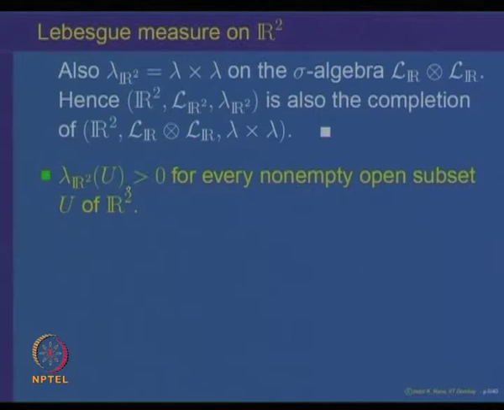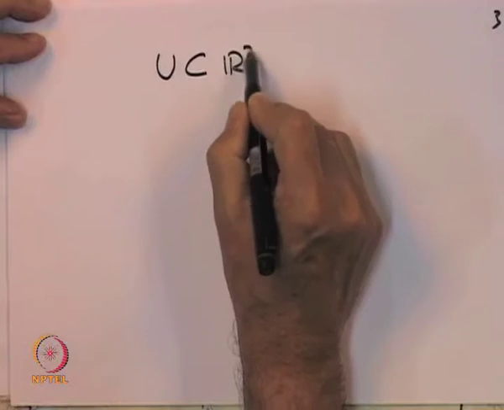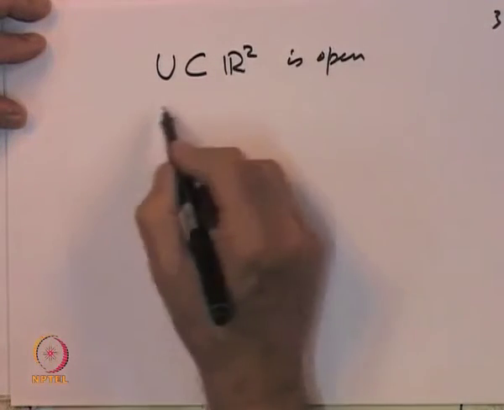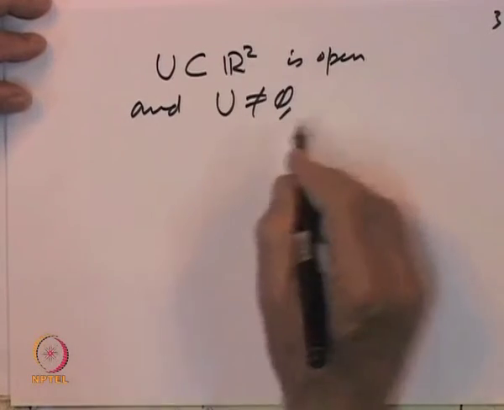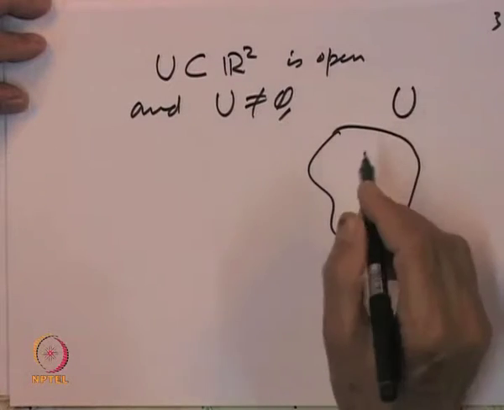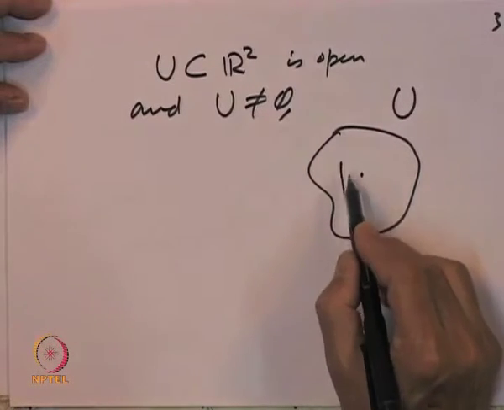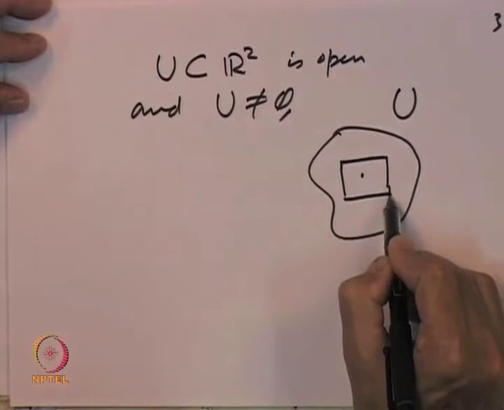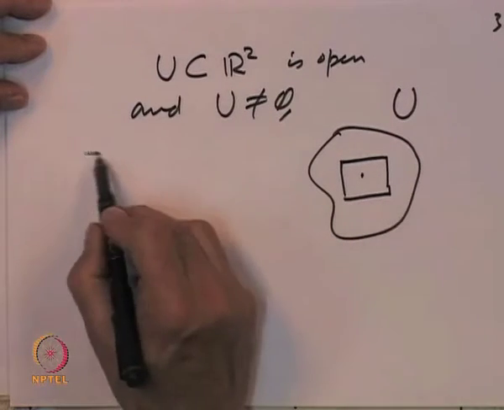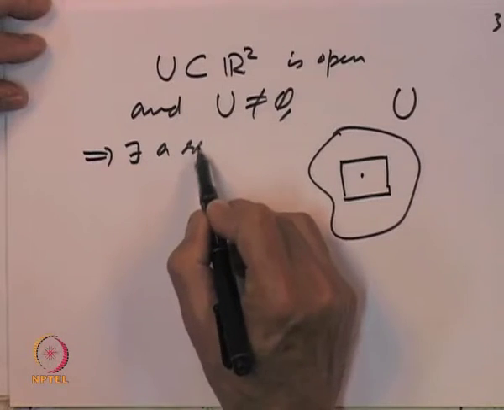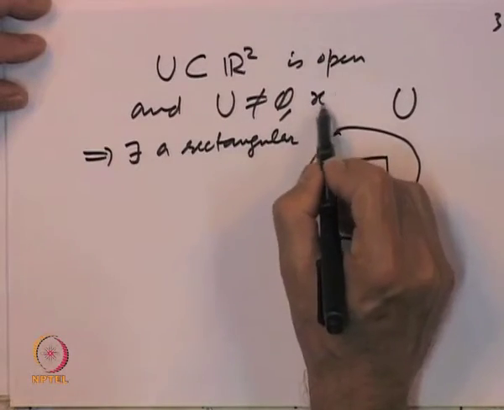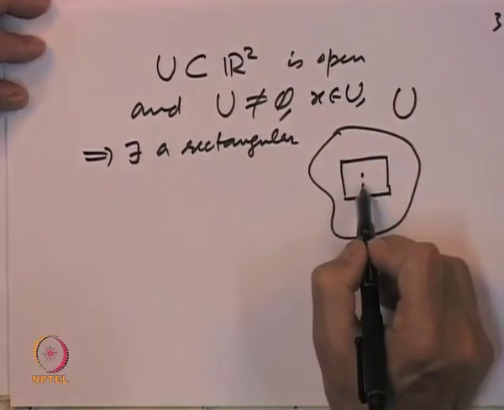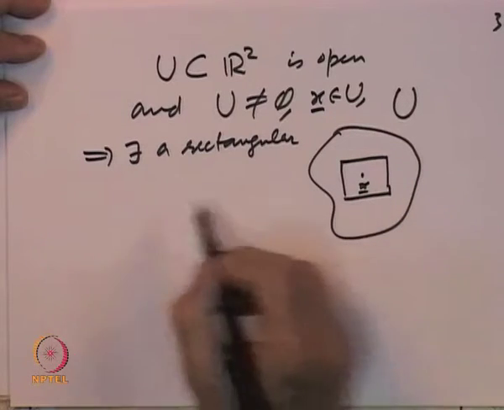That follows from the fact that if U is contained in R 2 is open and U is not equal to the empty set, then, here is the set U. There is always a left open right closed rectangle inside it. So, there is a rectangular neighborhood. Since U is non-empty, there is a point x belonging to U, and there is a rectangular neighborhood of x.